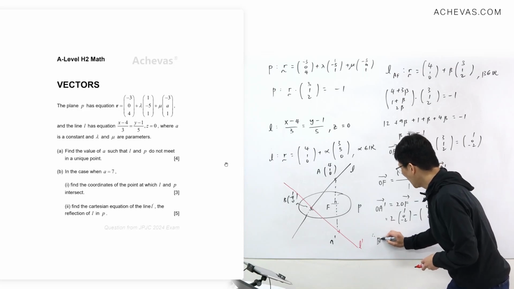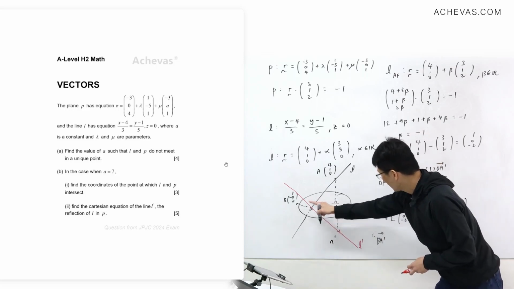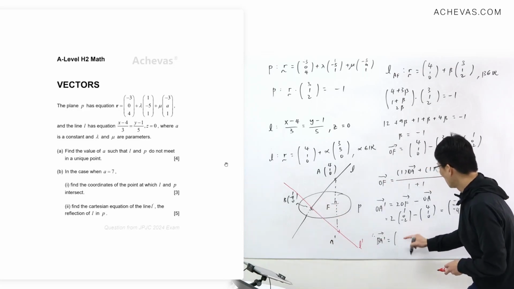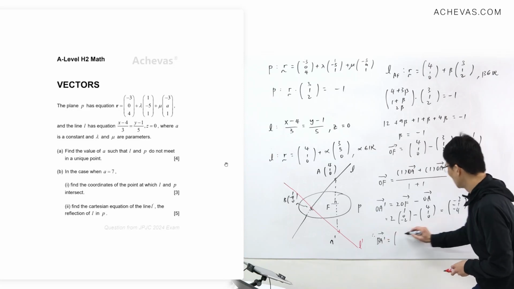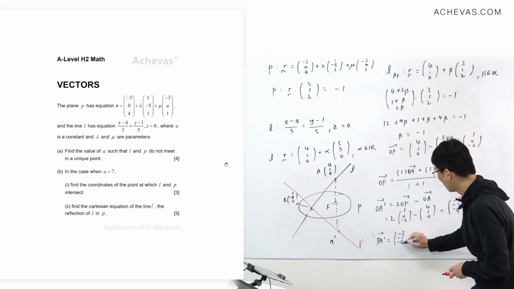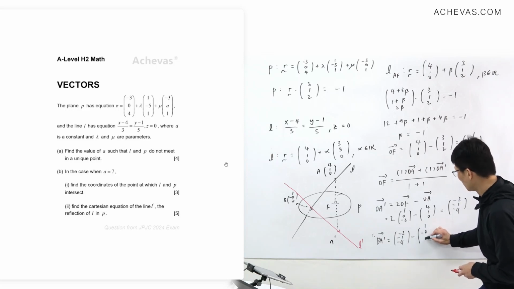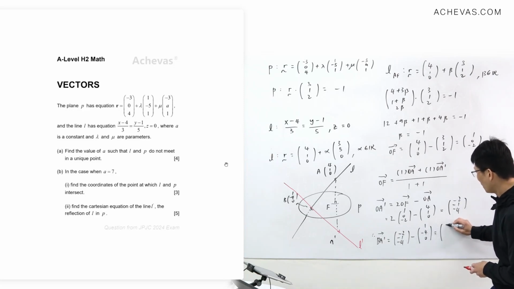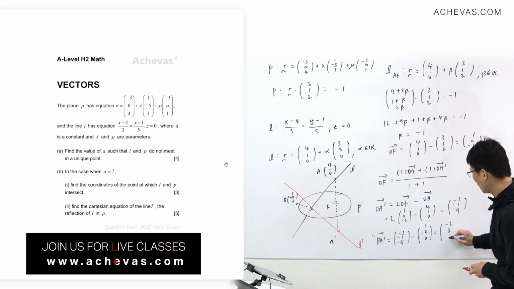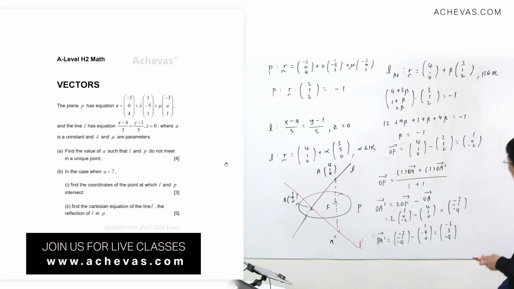Therefore, BA prime, which is the direction of this line, will just be equal to OA prime minus OB, which is (minus 2, minus 1, minus 4) minus (1, minus 4, 0). So I get (minus 3, 3, minus 4).